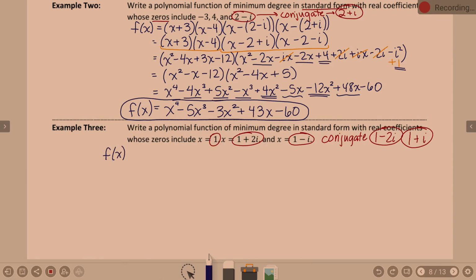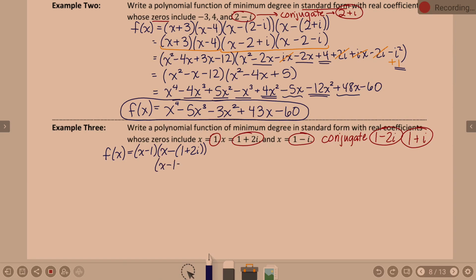So, x equals 1 is going to be the factor x minus 1. I'm still going to do the parentheses within parentheses. Feel free to skip them. Then I'm doing x minus the parentheses of 1 plus 2i. What does that actually become?